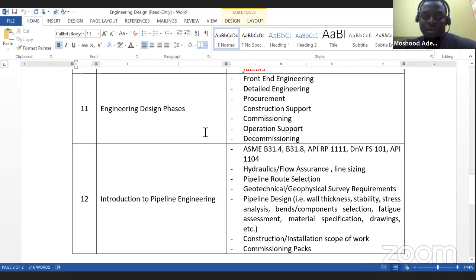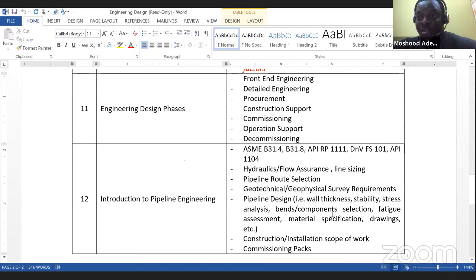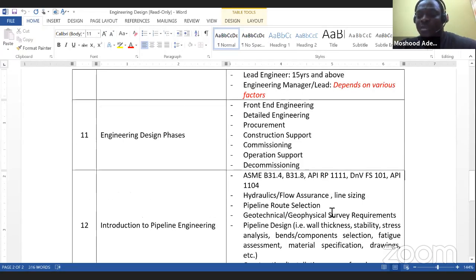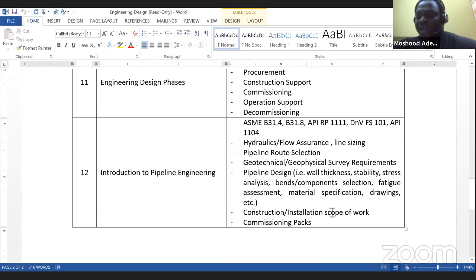Jazakumullah Khairan for the detailed explanation on this pipeline design. Even going through some of this slide, I can see that some of these items are new to me and really eye-opening. But I would like to ask about the routing, the standard and the stability. When you consider the route, you have to consider the differences in salinity, in terms of the soil.